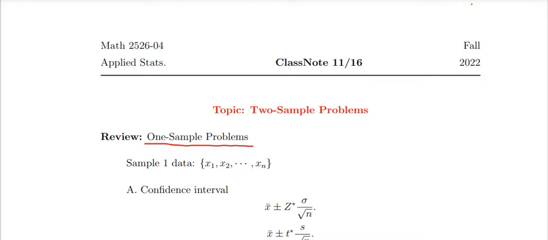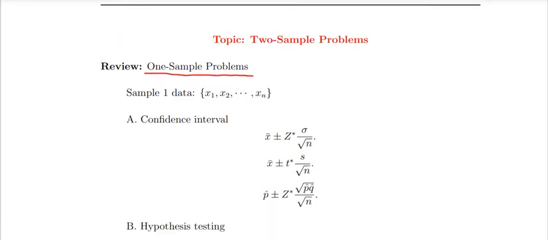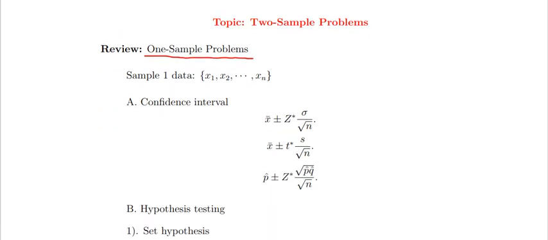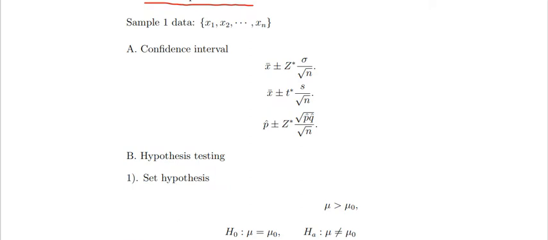So one sample problems have just two parts: estimation, or confidence interval, and the other one is testing, right? Estimation and testing. For the confidence interval we just use formulas.